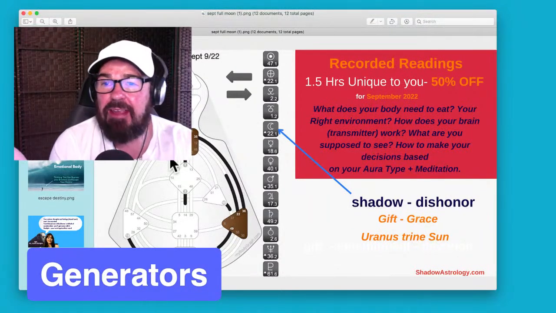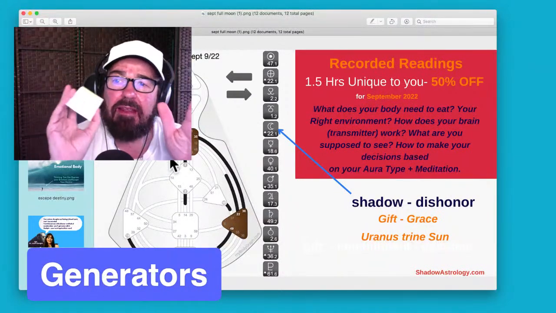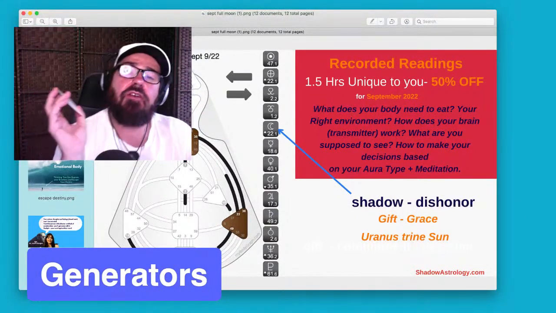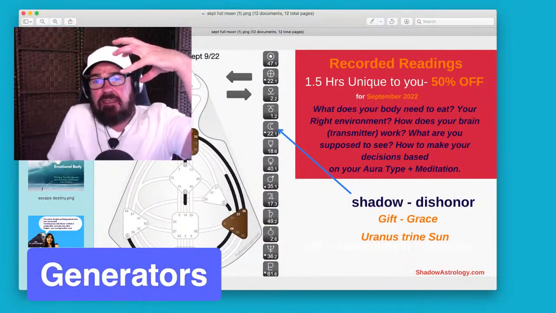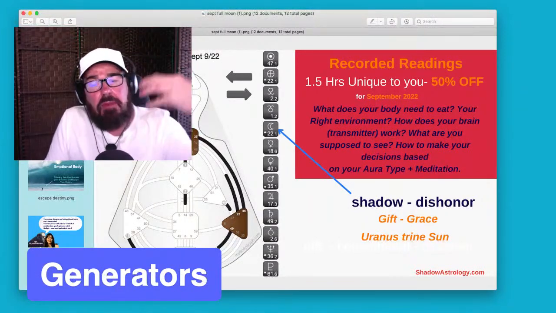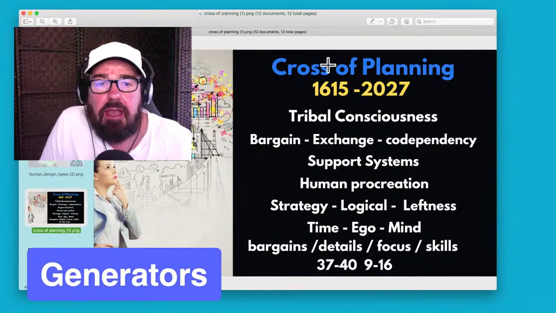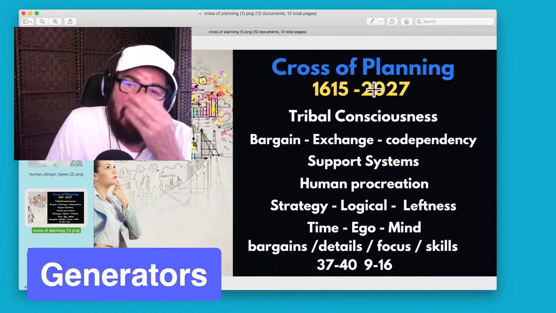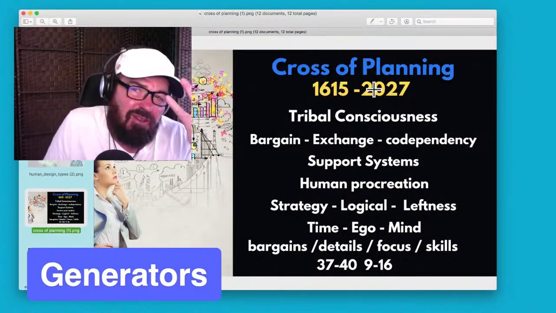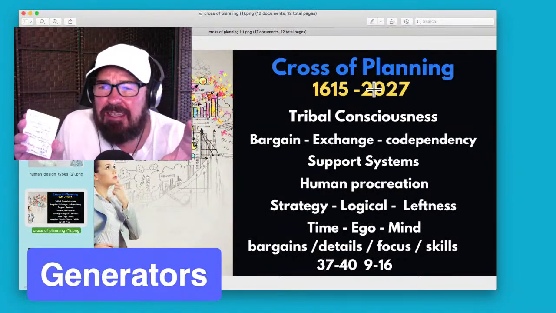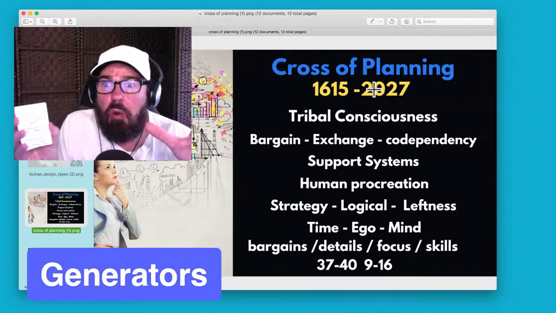But the great way is human design. Totally gets this out of the picture, because with human design, you're not taking your authority from your mind. We've been trained in the Cross of Planning, right? The cycle that we're leaving since 1615 is to use our mind to make our decisions, or run to a friend who you know, right?